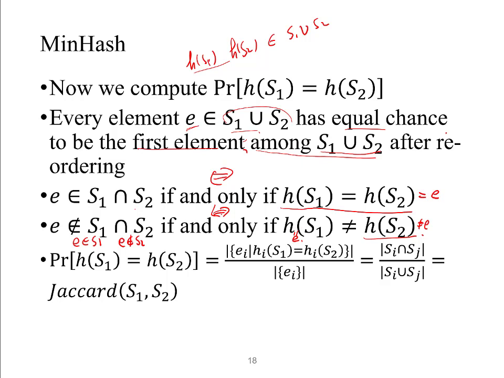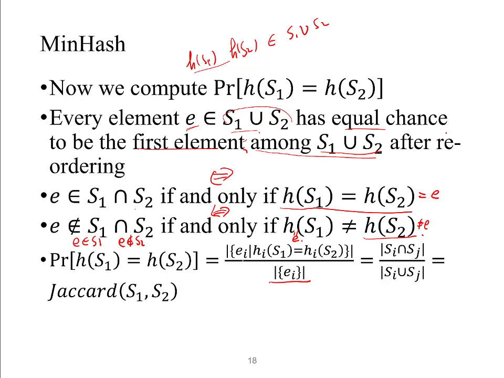All right. Given these two conditions, now we can look at the probability of HS1 equals HS2, which should equal, here this part is the total elements in the union of S1 and S2.